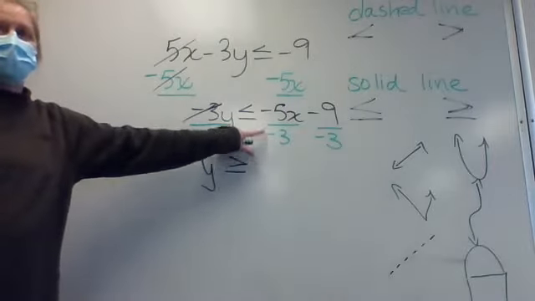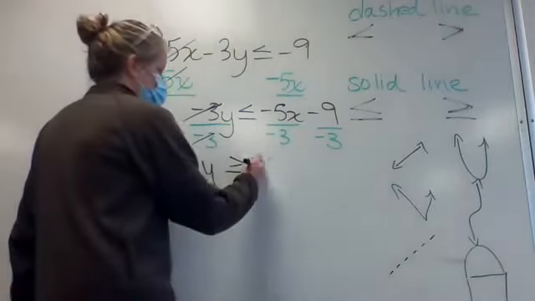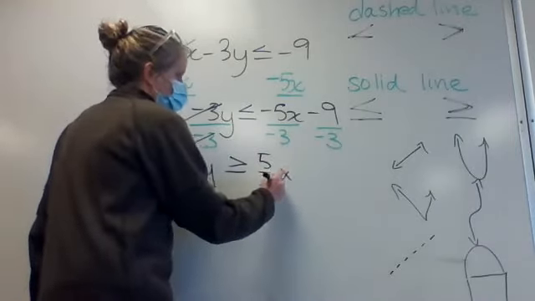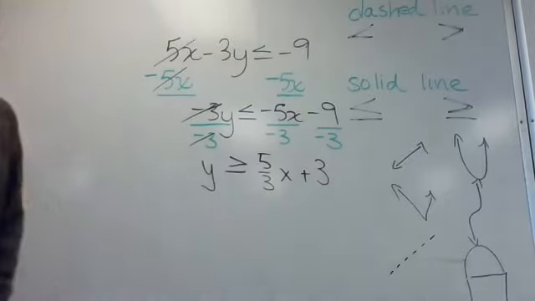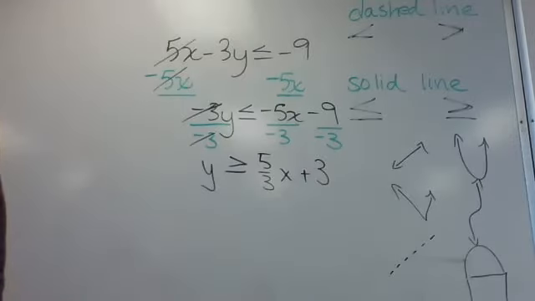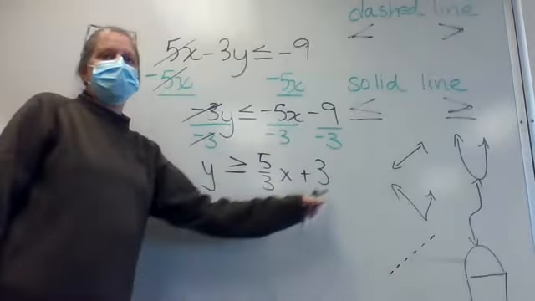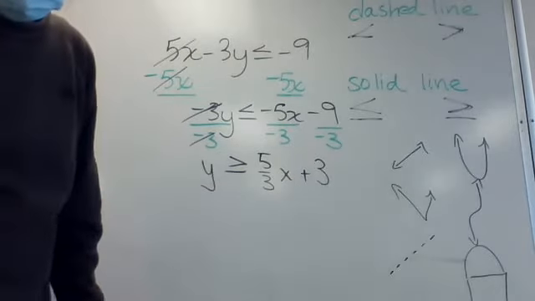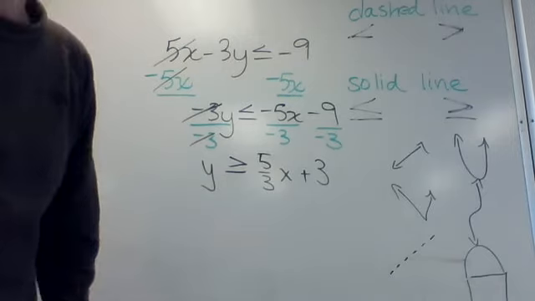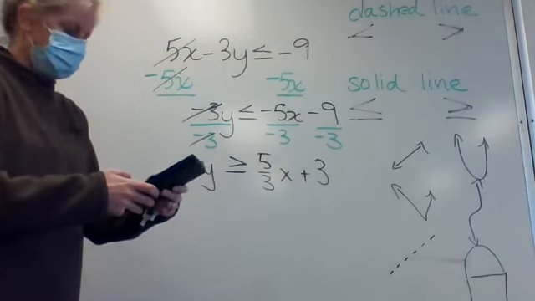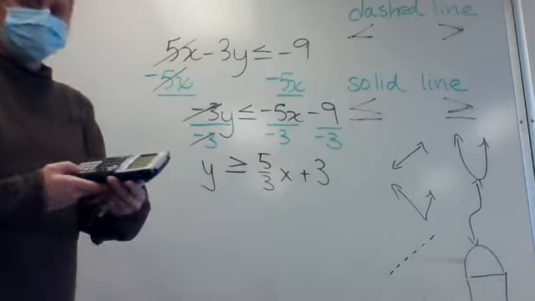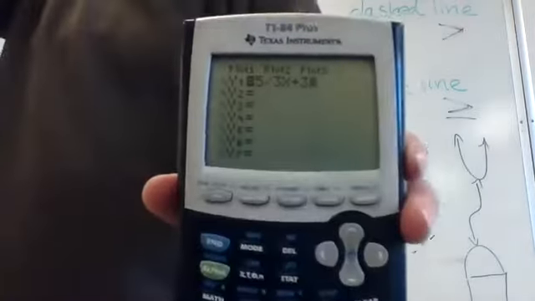Negative over negative makes that positive 5/3 x. Negative over negative makes that positive 3. So this is what will go in your y equals to get your points. So you have 5 over 3x plus 3 in your y equals.